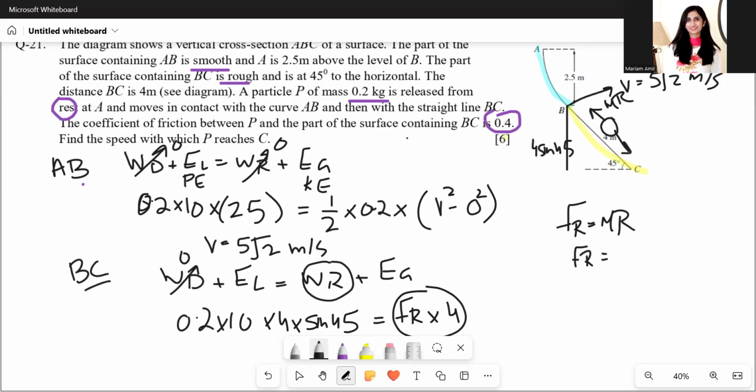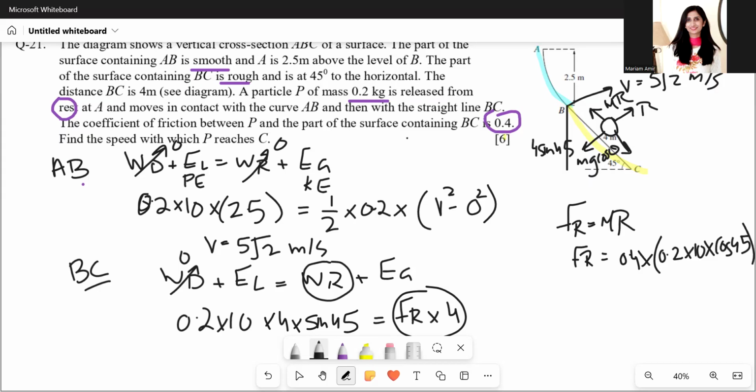It's going to be mu, which is given as 0.4, and we need R. R is the normal contact force, and in this case, it's going to be opposite to the weight component, which is mg cos theta. So R is equal to m, which is 0.2, g, which is 10, and cos 45.